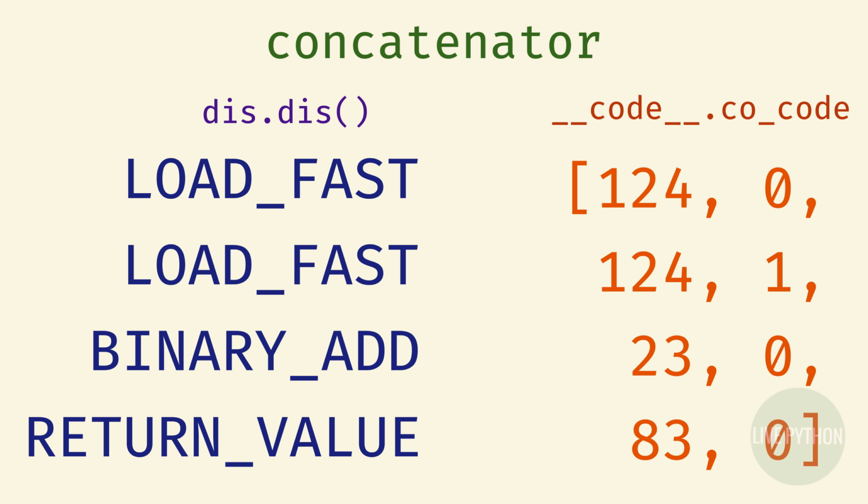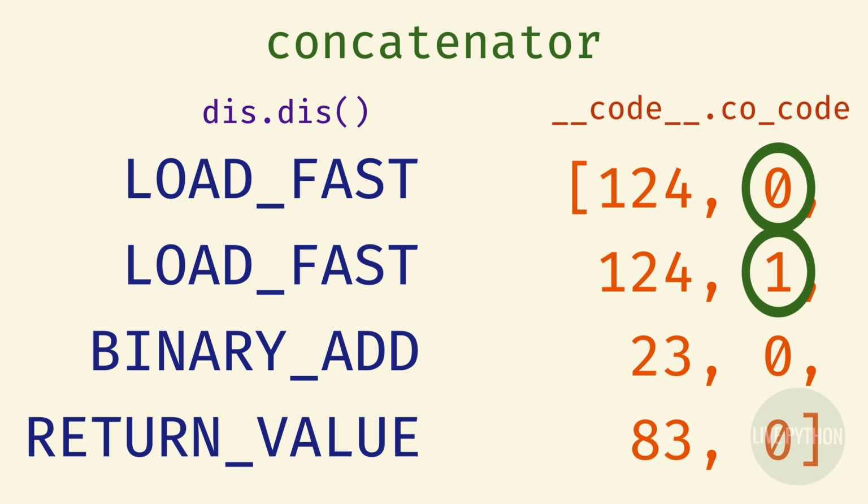While that represents the instruction, there's nothing there to indicate which variable needs to be loaded, so we need another byte, and this other byte is used to tell it which local variable to load. In this example, the first LOAD_FAST says to load local variable 0 and the second loads local variable 1. So they're coming in pairs where the first byte represents the instruction and the second byte is an argument.